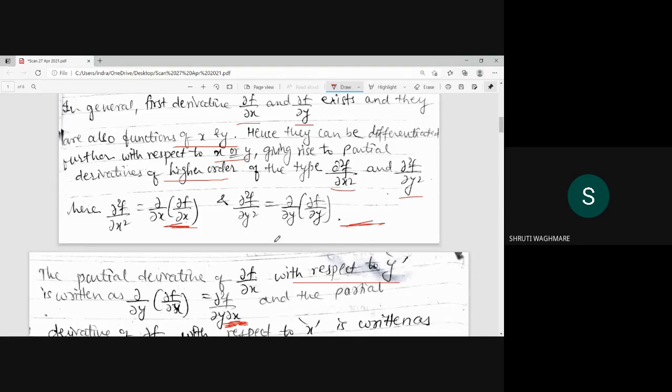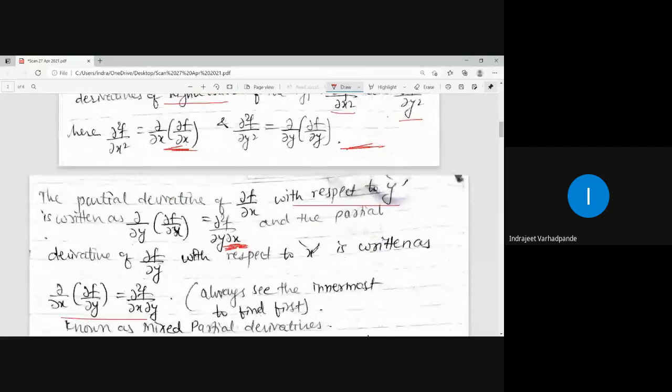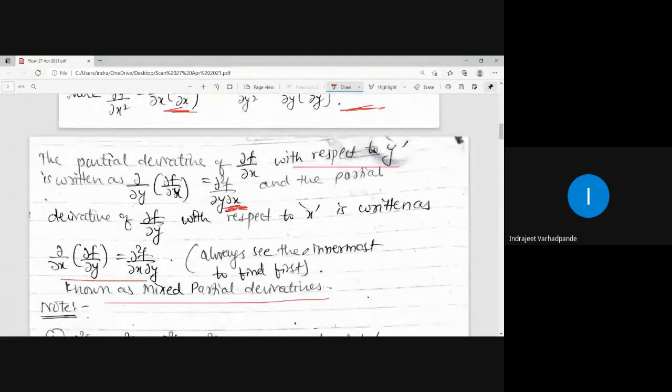Over, sir. So partial derivative of del f by del x, this part is over. So this is known as mixed partial derivative.